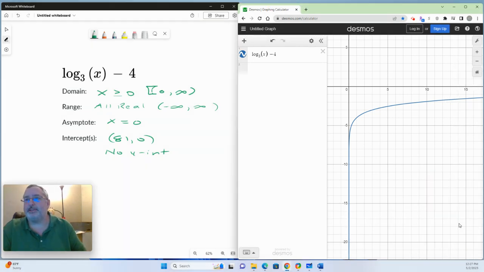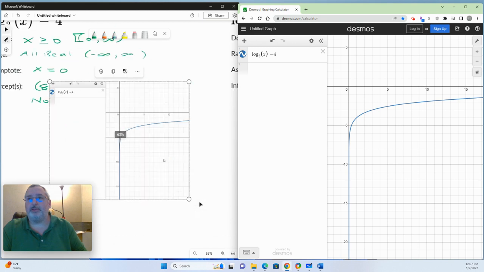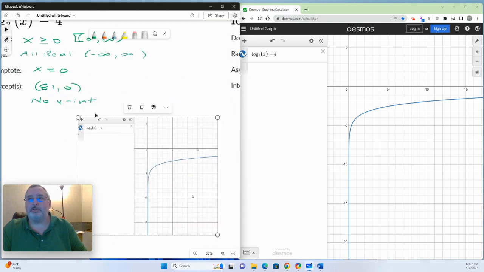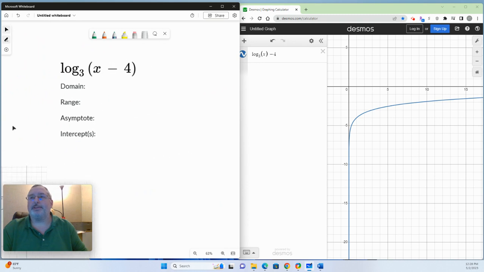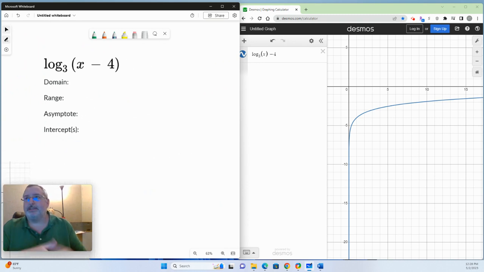That's sufficient. And then you just pop that graph right into your submission. That'll be all you need to do. So type all this out and then give me a link or whatever you need to do to get that into your submission. All right, so let's look at one more just so you can see the difference.